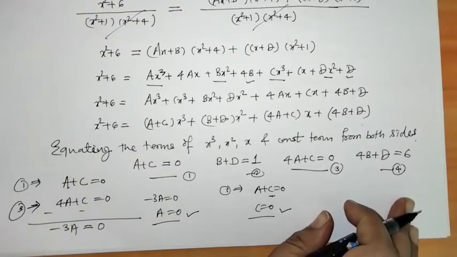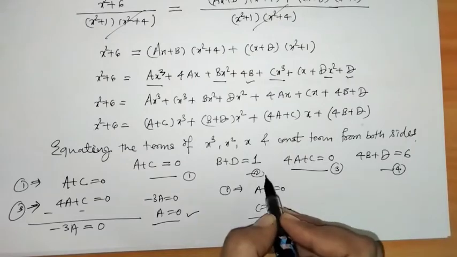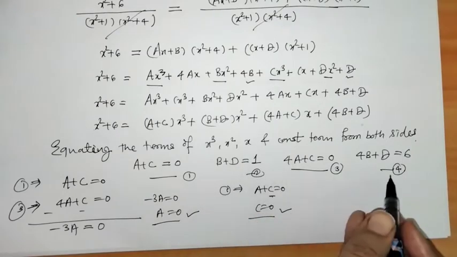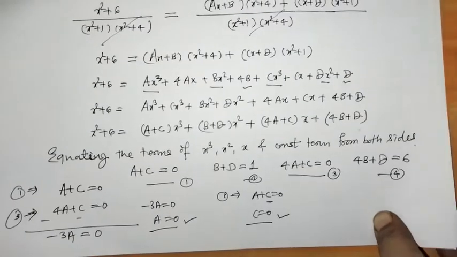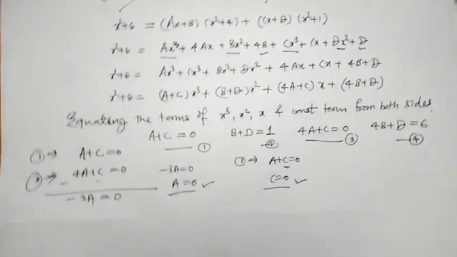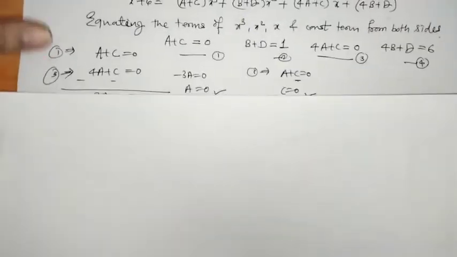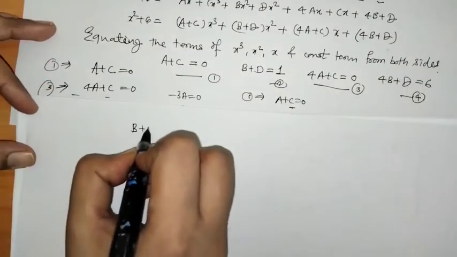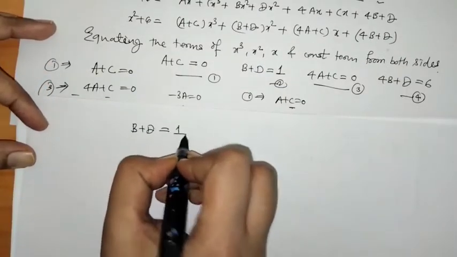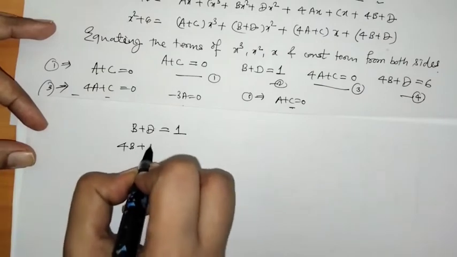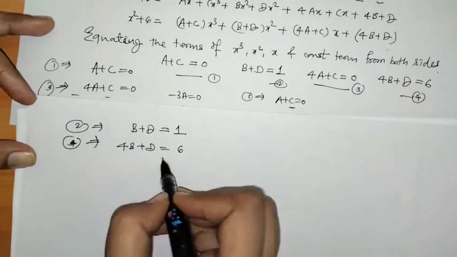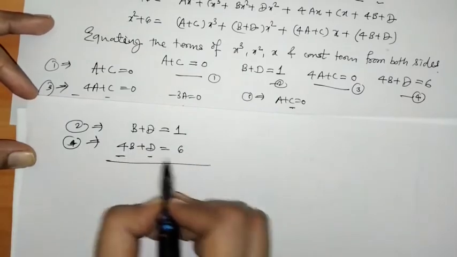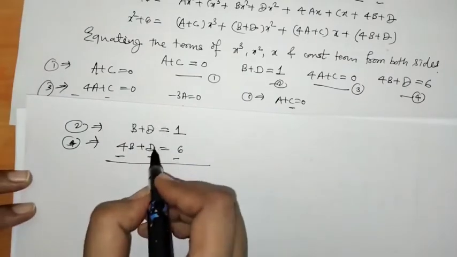Similarly, now we have to find the values of b and d. For this we have to solve equations 2 and 4, right? So here we have b plus d is equal to 1 and 4b plus d is equal to 6, right? To solve this, we eliminate the constant d.